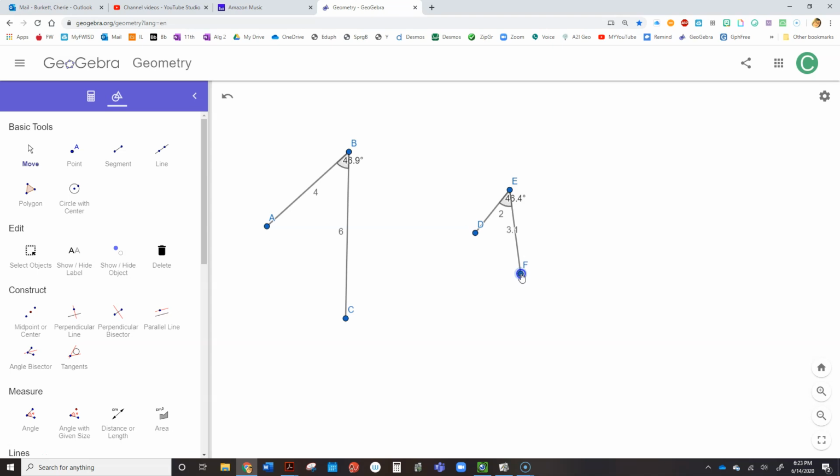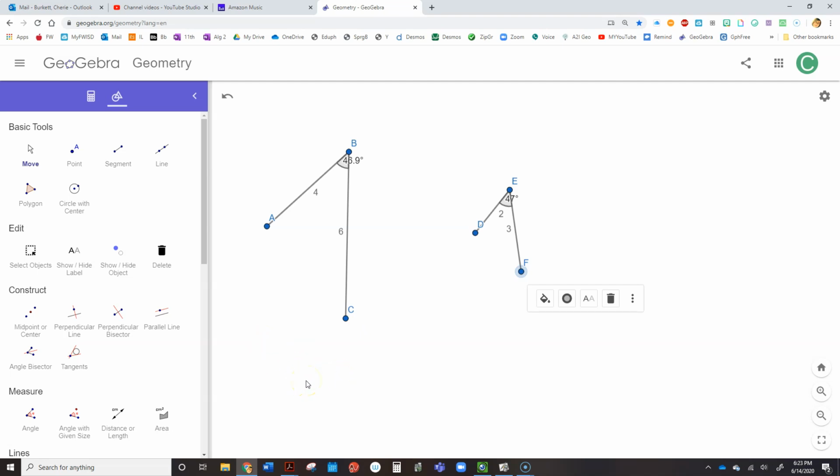Not even 3 again. This is hard. 47.3. I wonder if it'd be easier with my pen. I was using my mouse. Let me try my pen. Not easier at all. 46. Oh, looky there. I finally got that one. That was just a fluke.